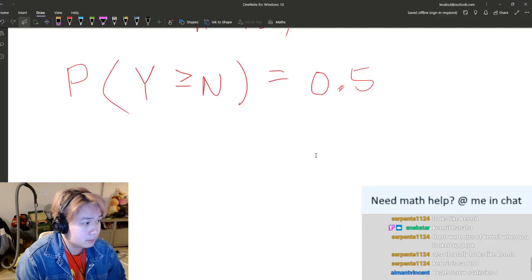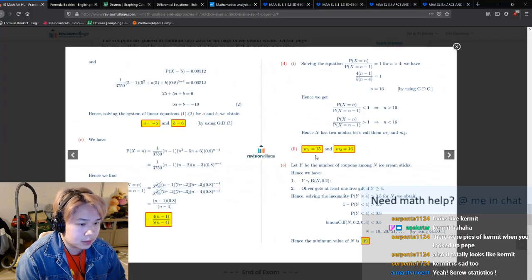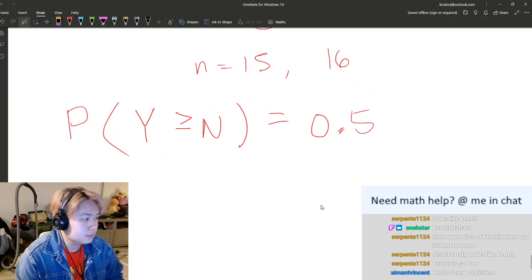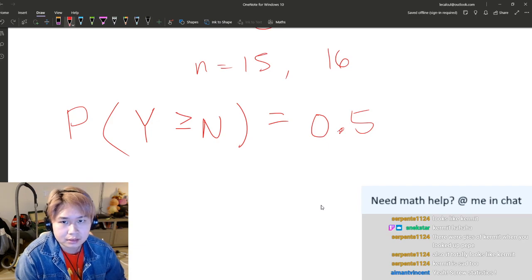Right, okay. Because we need to look for, okay, this is sticks.